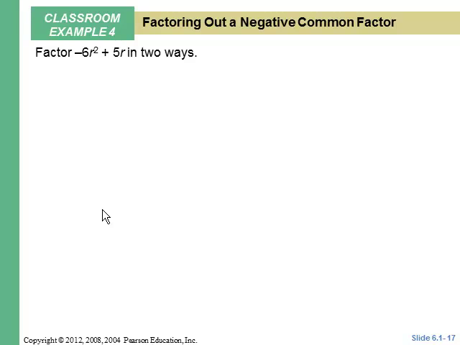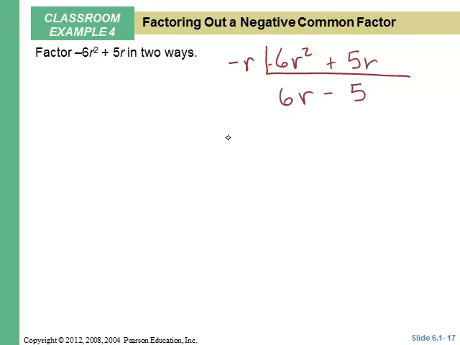Well, if you notice, we could rewrite this by taking out a negative r out of negative 6r squared plus 5r, and we're left with positive 6r minus 5.